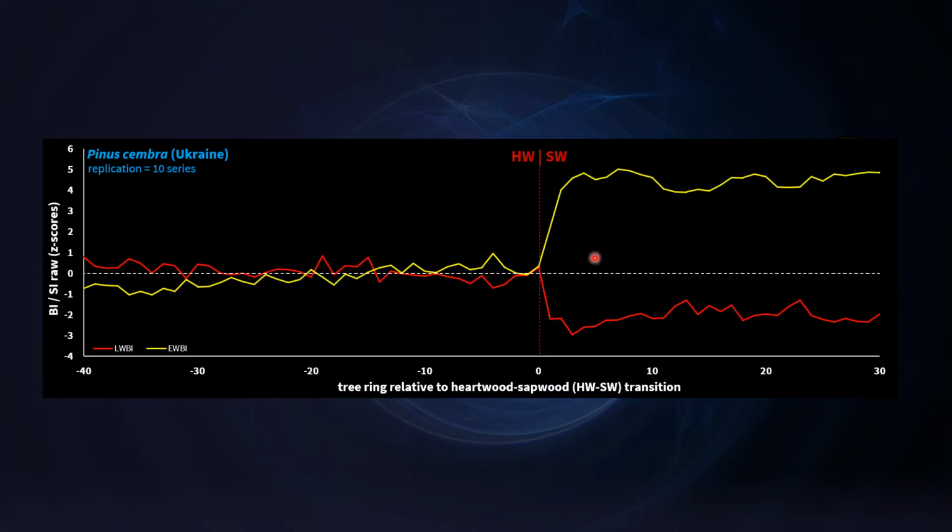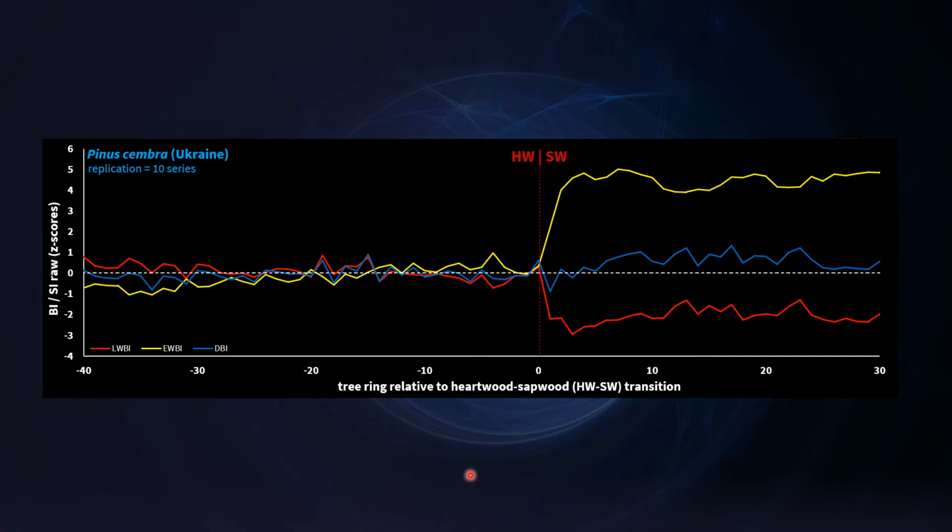If we have a look at the earlywood blue intensity, the values show a corresponding increase when we compare the heartwood and sapwood parts of the sample. And just in this case, the values are positive rather than negative. This is just related to the inversion of the latewood blue intensity values.